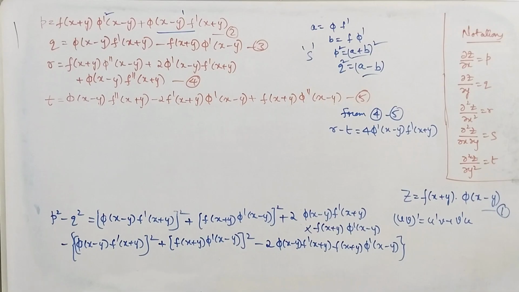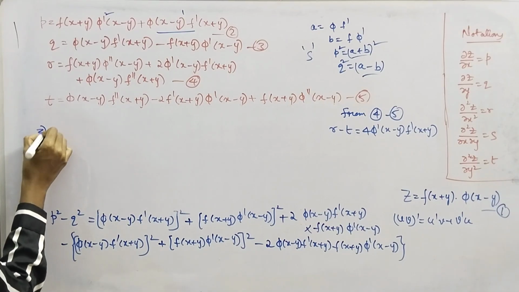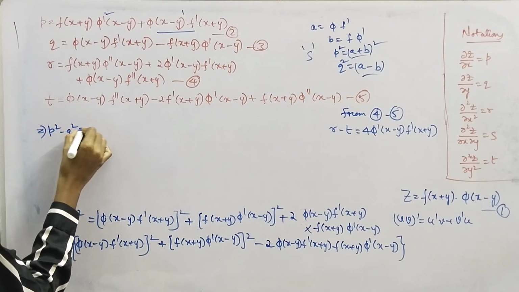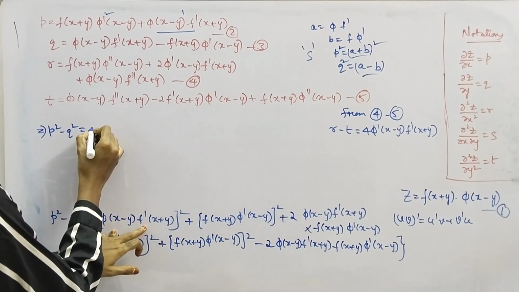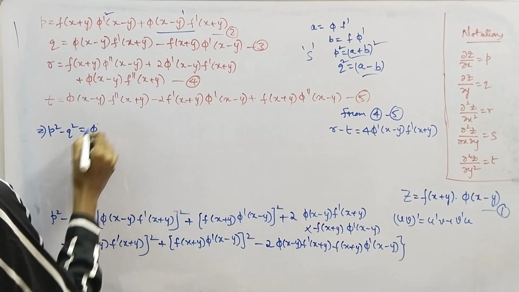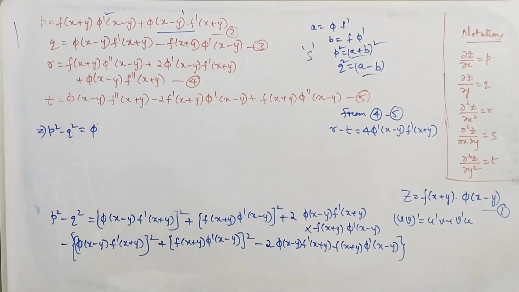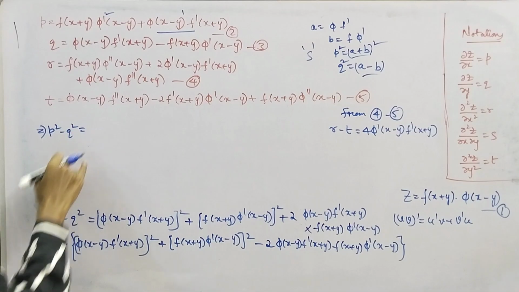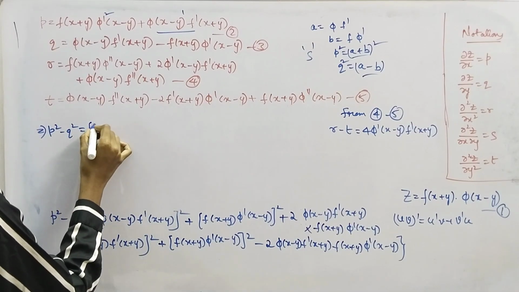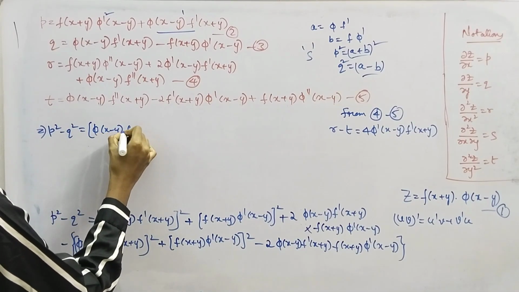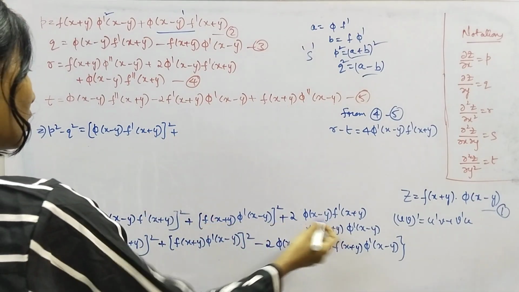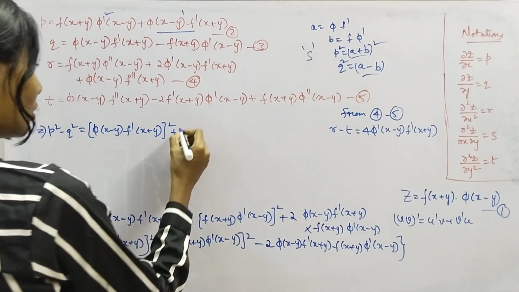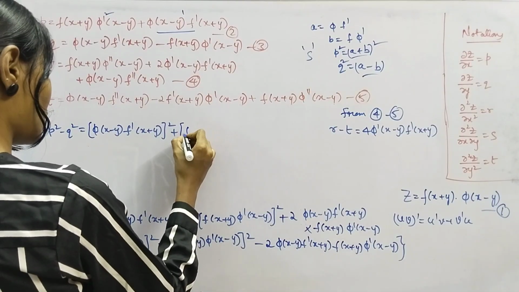Right, now this gives us P square minus Q square equal to phi f dash whole square is phi square f dash square, right? Or can we cancel it directly? Yes, you can cancel it directly. Let's cancel directly, okay? I'm writing the same steps. First 3 terms remain the same.